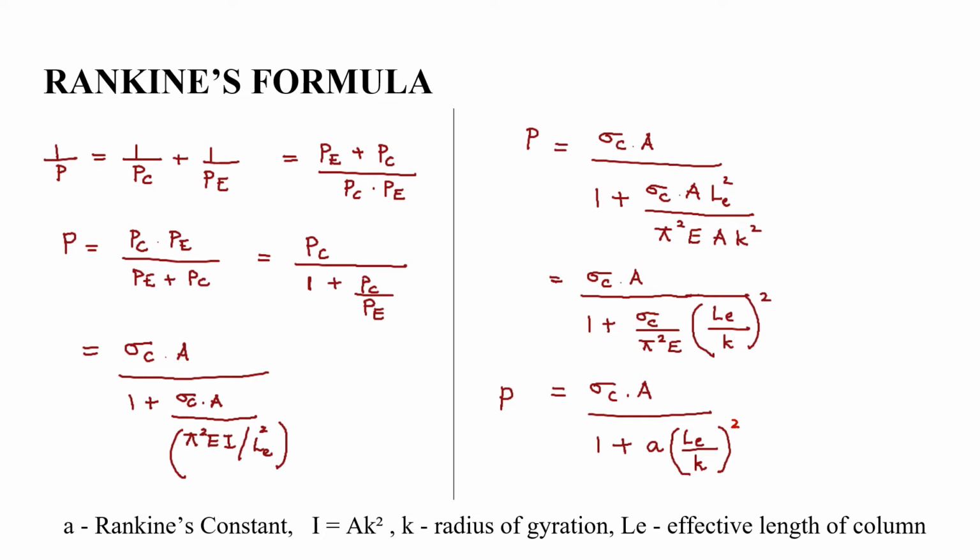The ratio of effective length to radius of gyration is known as the slenderness ratio. This is Rankine's formula for finding out the crippling load, whether the column is short or long.